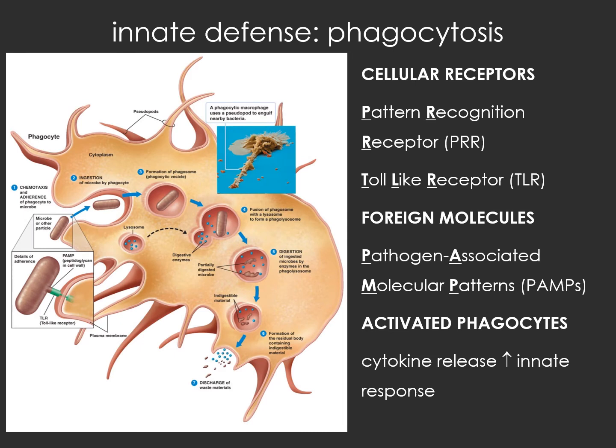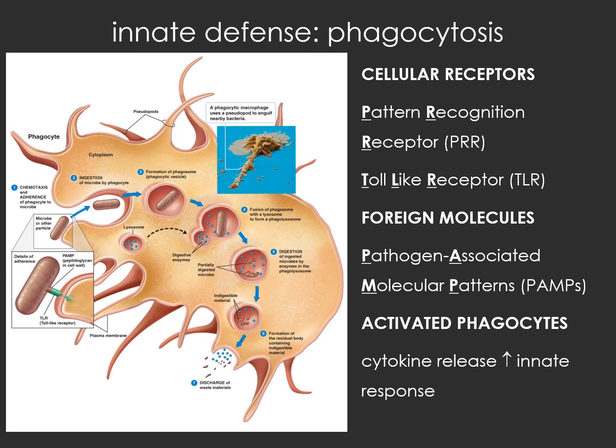So macrophages and dendritic cells are phagocytic cells, which means they are capable of a process called phagocytosis, which you can see pictured here. Phagocytosis begins with chemotaxis, right? Actual movement, motility of the phagocyte toward the microorganism.